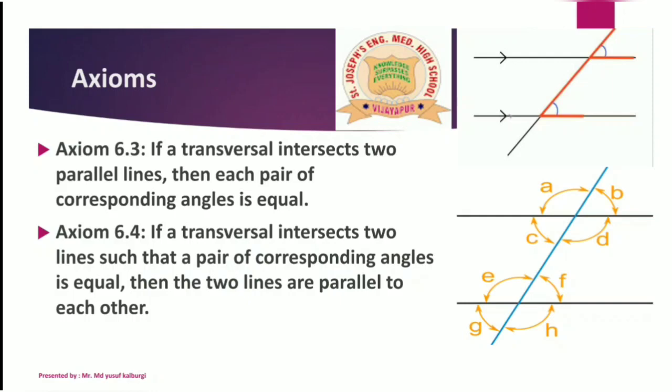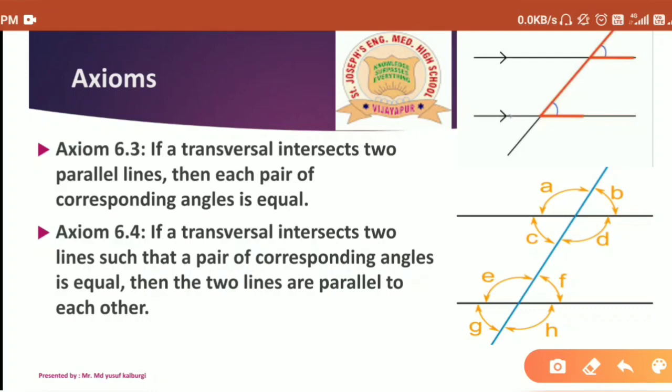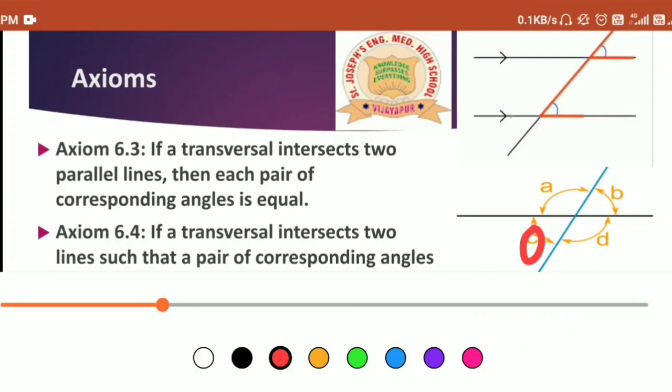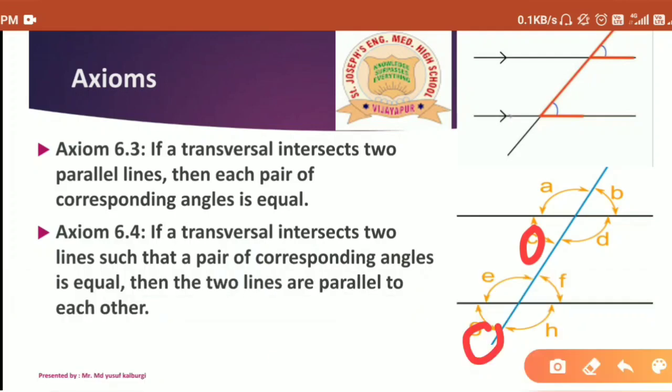Similarly, 6.4 says, if corresponding angles are equal, then the pair of lines is parallel. This is the reverse, the converse of axiom 6.3.